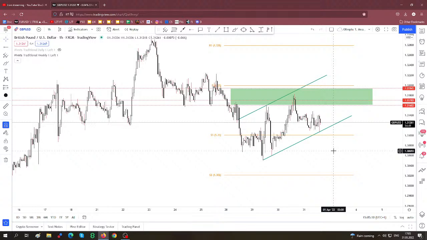Also false breakdown below 1.310909, and we have maybe here something like a range pattern in the short term on 15 minutes, okay. Range pattern.